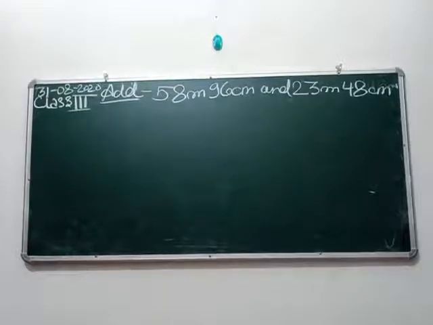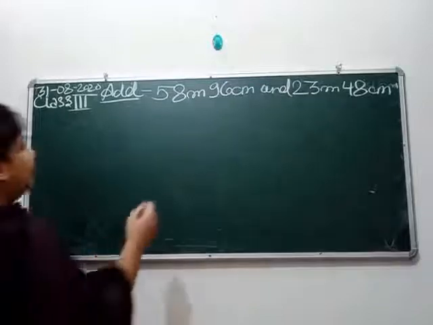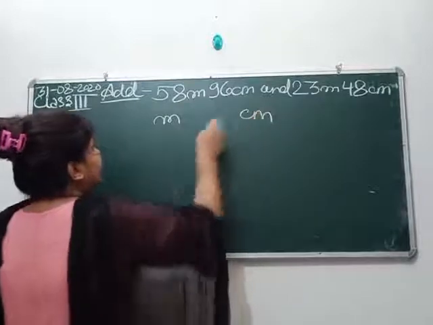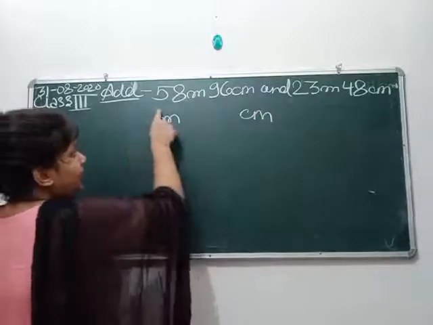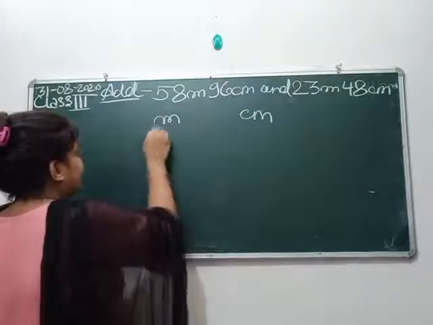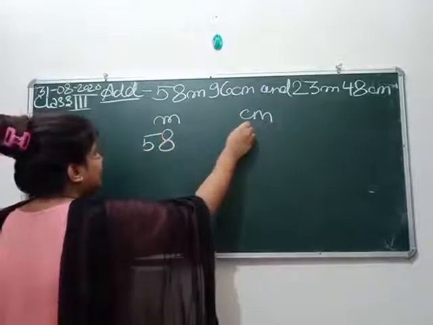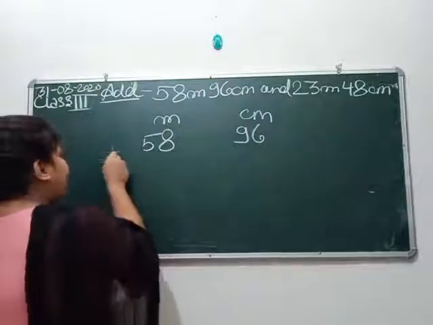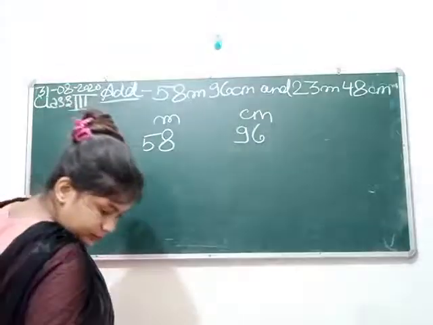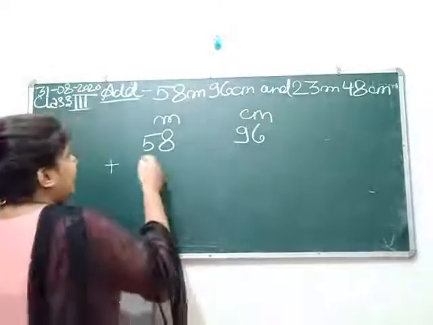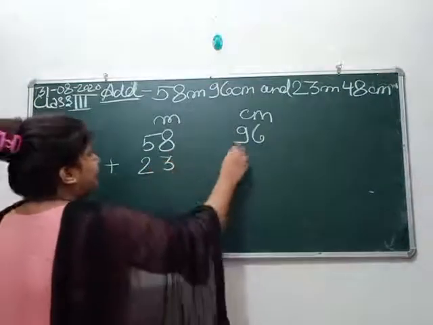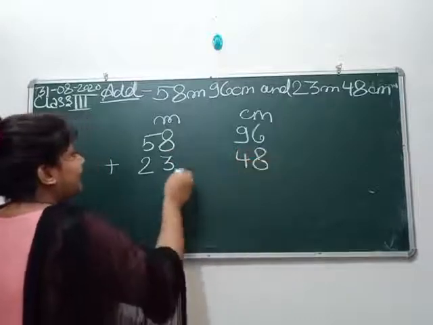Okay, let us see. So here we are having meter and centimeter. So 58 meter, 96 centimeter, and in that we have to add 23 meter and 48 centimeter.